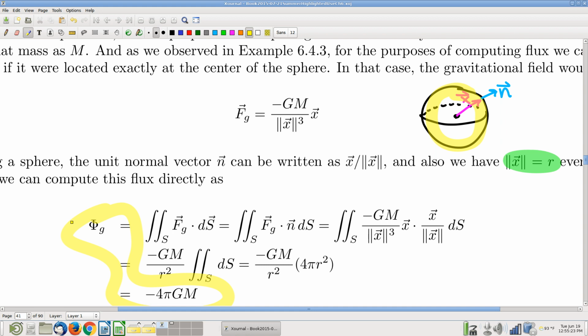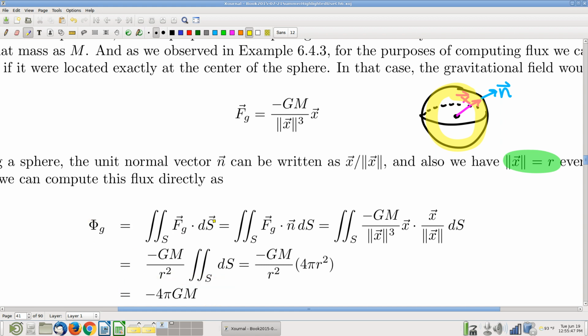We had this horrifying problem of a massive gas cloud, mass distributed over all different places, gravitational fields pulling you every which way. And yet we've concluded that if you pick a sphere, the flux of the gravitational field through that sphere is an easy formula.